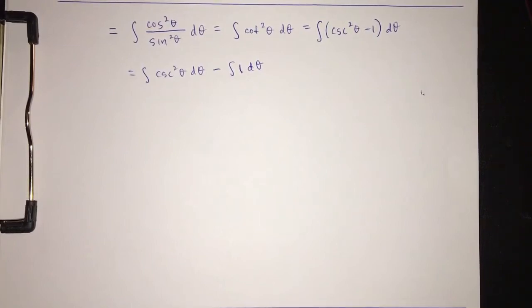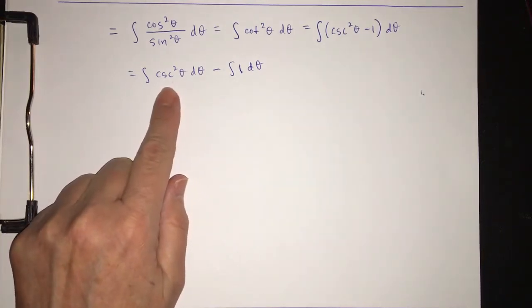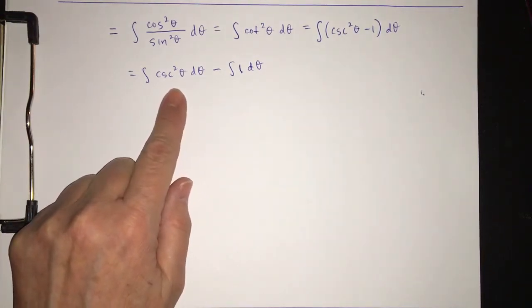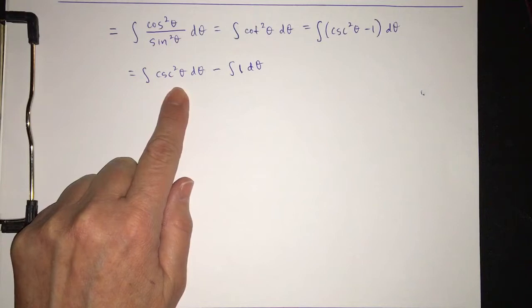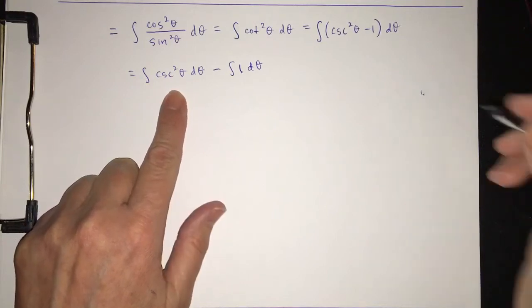The first part of this, the integral of cosecant squared theta. Cosecant squared theta, that's the derivative of something. And if you remember your derivative rules, this cosecant squared theta is the derivative of negative cotangent theta.